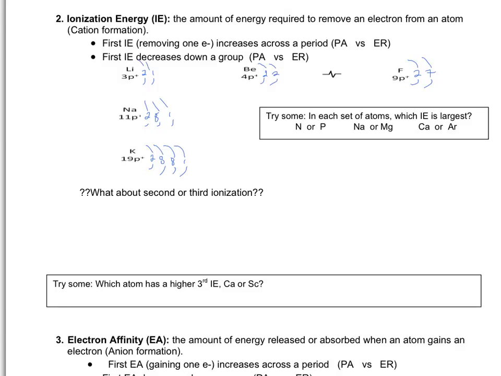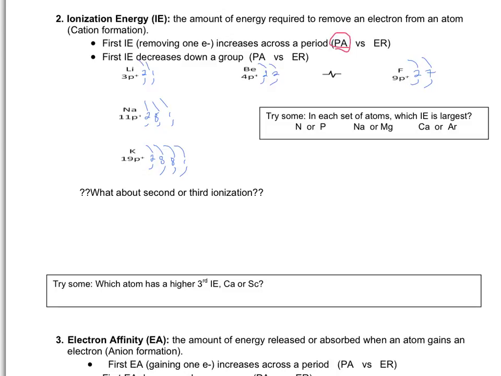First ionization energy increases as you move across a period. This again is because of proton attraction. If we're comparing the ionization energy between lithium and beryllium, remember that these two elements both have two shells of electrons, so they have the same electron repulsion.